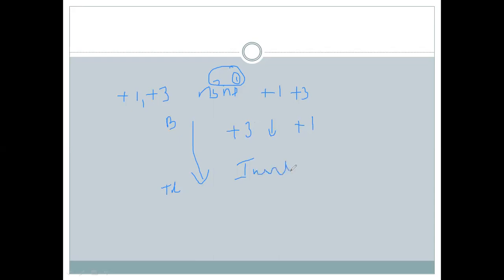Means due to the poor shielding of the valence shell electrons by the d and f orbital electrons, the 2 electrons in the ns2 are mere spectators. So they cannot be removed easily.